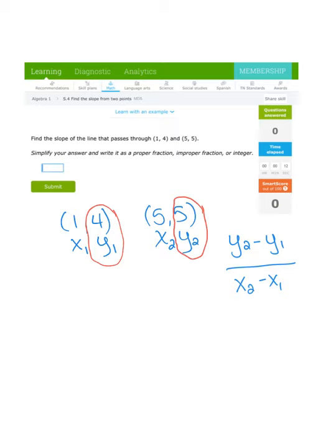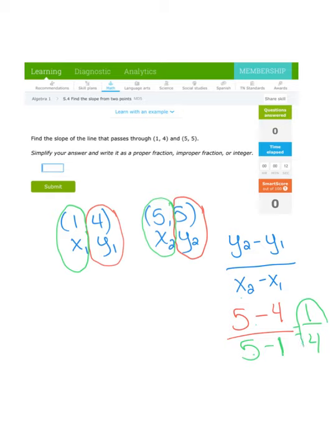So I can say y sub 2 is 5 minus y sub 1 is 4 over x sub 2 is here and x sub 1 is here. So x sub 2 is 5 minus 1. And then you literally just work it out. 5 minus 4 is 1 over 5 minus 1 is 4. My slope is 1/4.